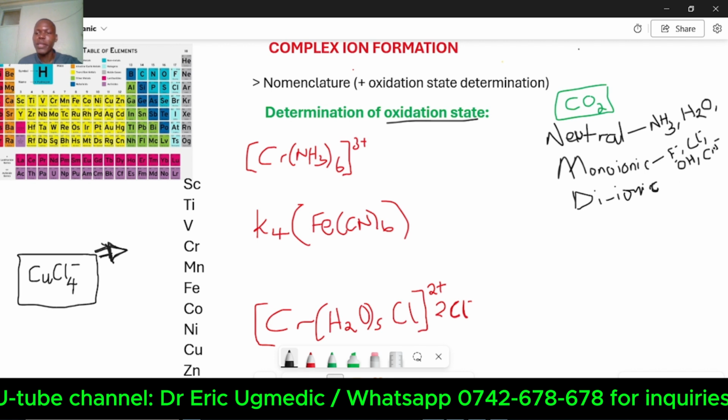We can have as many monoionic ligands as possible as well. Then the diionic, we can take an example of oxygen, which is dinegatively charged.